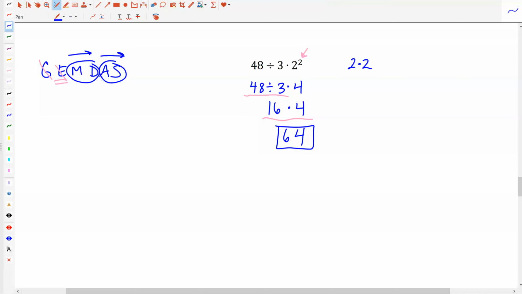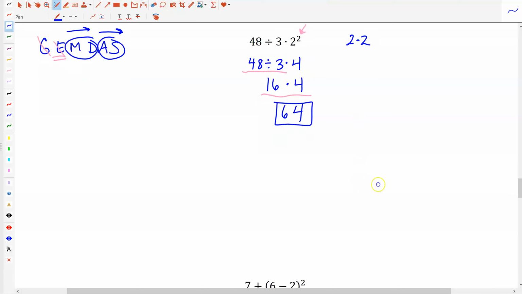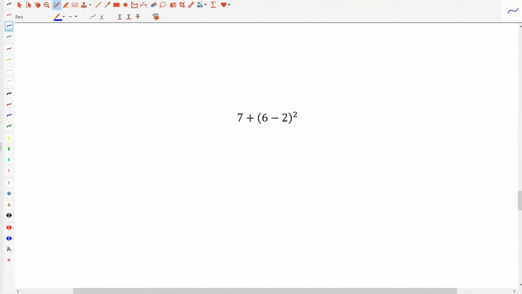All right, so our first problem with an exponent, working through there with the little tiny arms, hopefully not too terrible. Let's take a look at another one that will have all the steps. All right, well, maybe not all of them, but it'll have most of them. All right, so it's 7 plus parentheses 6 minus 2, close the parentheses, and then raised to the second power.